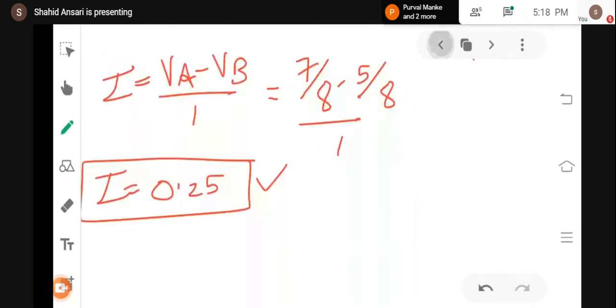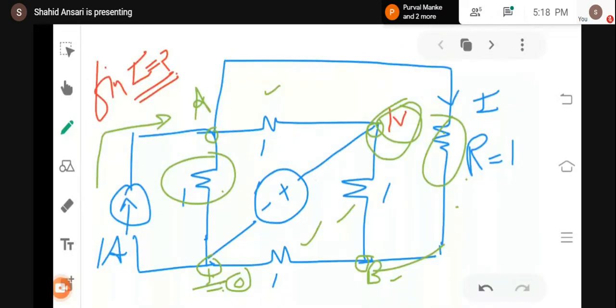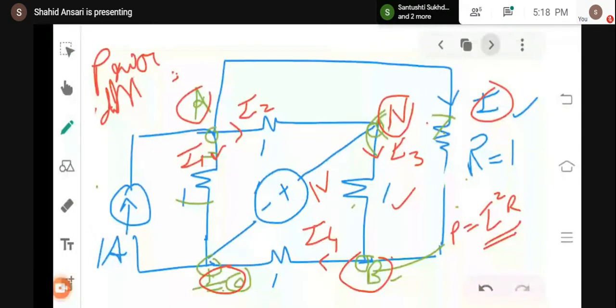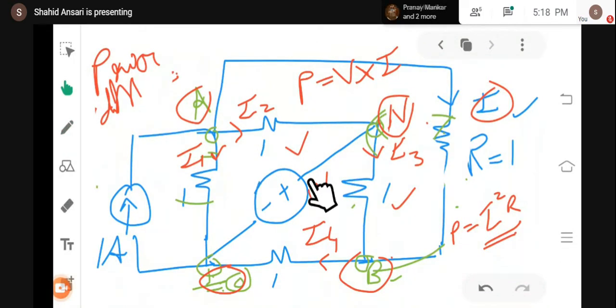What was the voltage? It was given numerically. It was 1 volt. So the only task left is to find the current flowing through this particular voltage source. By multiplying voltage into current, we can find the power delivered by this voltage source.